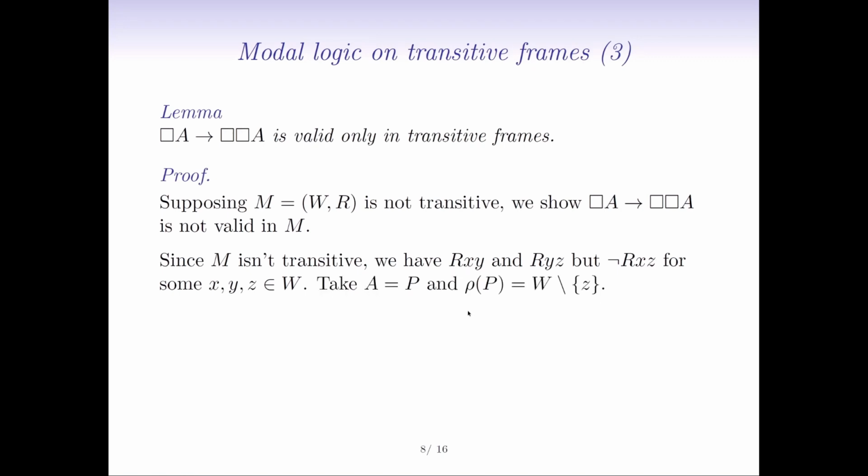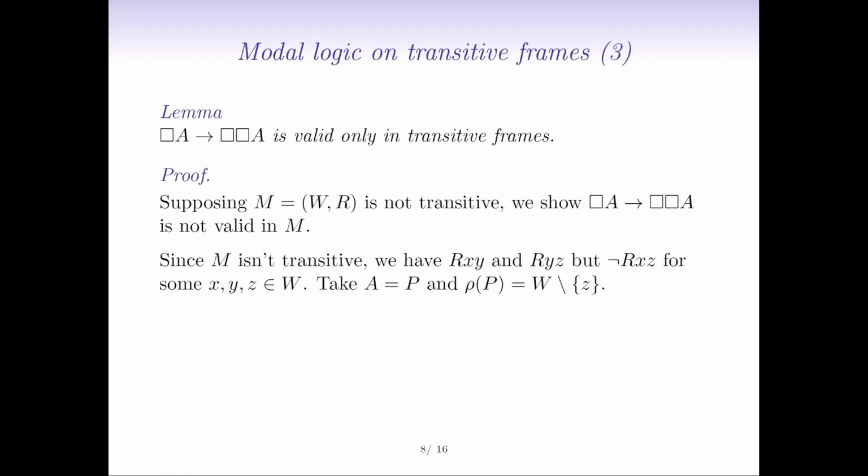So now I'm going to take an instance of the formula which is not valid in the frame M, and I'm going to be free to choose a valuation, and I'm going to be free to choose a world in the frame for which the formula fails. So I'm going to take the formula A just to be a proposition.